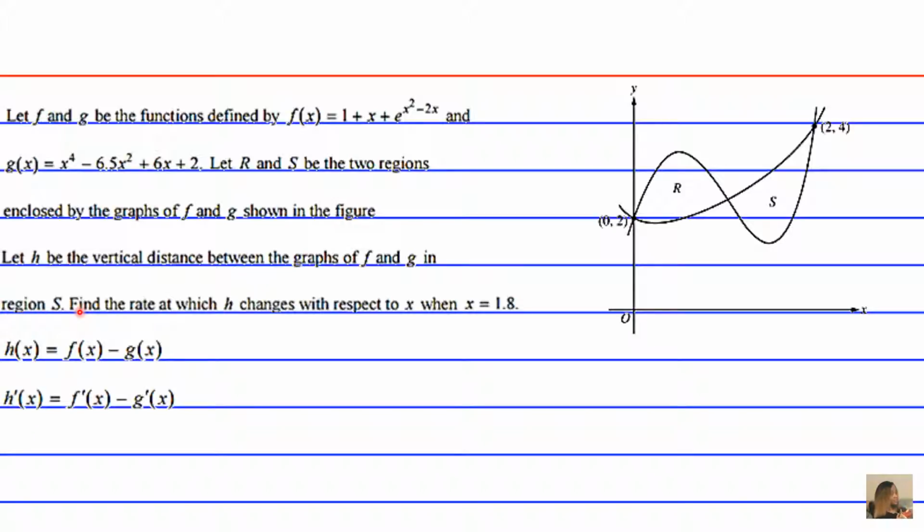And in order to establish the rate at which h is changing, that's basically code language for taking the derivative. So h prime of x is the same thing as f prime of x minus g prime of x. This is just derivative notation, so if you're not familiar with it, Google it, okay?